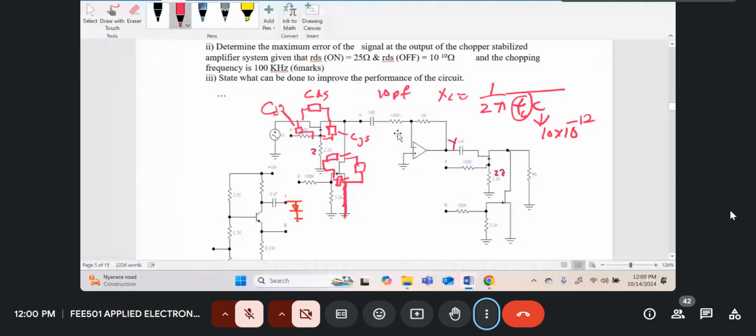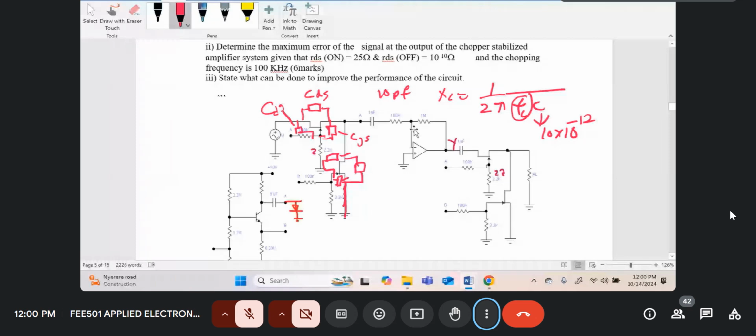The feedback resistance, you can call it Z2. So the output at point Y will be given by minus Z2 over Z1, where Z1 is the root of R squared, which is 100K squared, plus the reactance of 1NF squared.